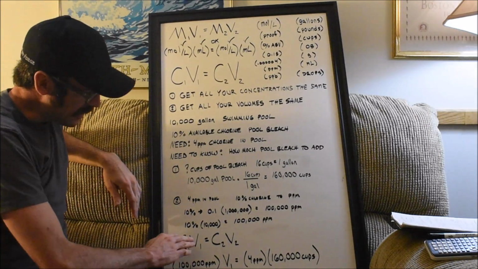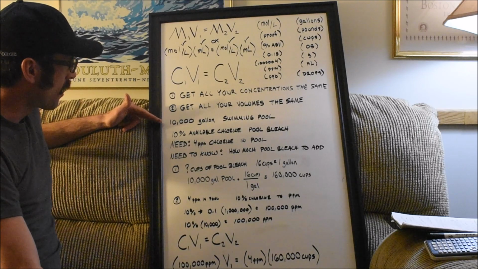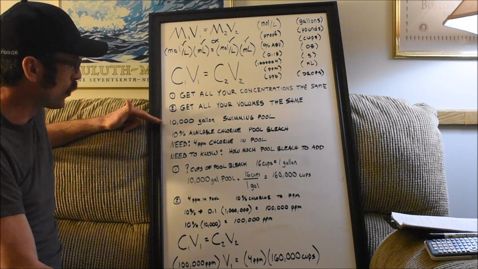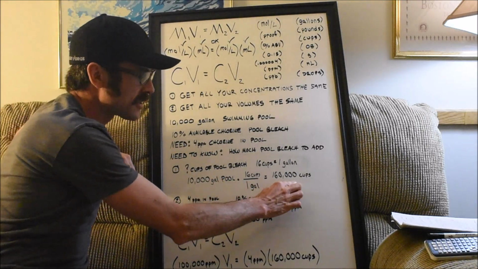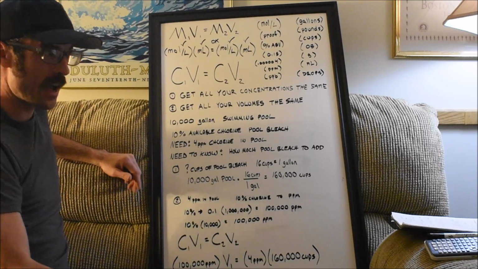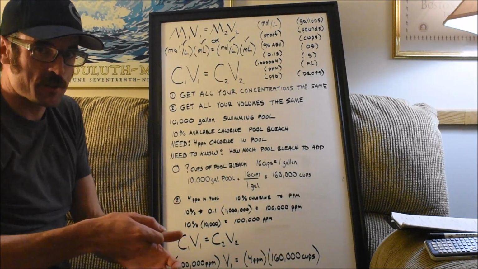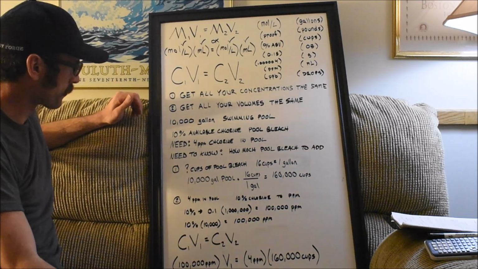Then it's easy peasy. Our swimming pool is 10,000 gallons. We already converted that. We're going to use 160,000 cups. And our answer is going to be how many cups of bleach or chlorine are we going to put in our pool.